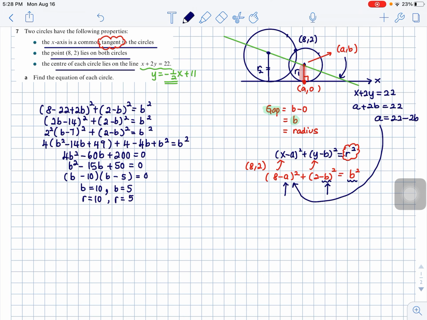We can put this as R1, R2. Then you find the A value. What is your A value? Substitute here. That is A2.